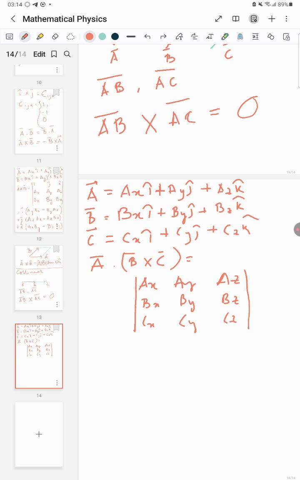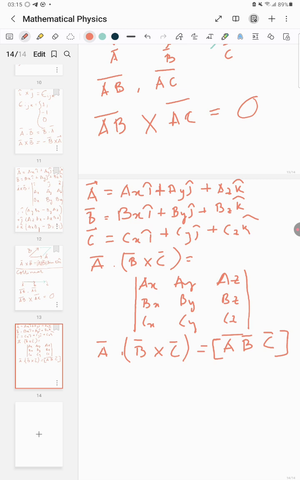Coming to its properties, A dot B cross C can be represented as A, B and C in third bracket.